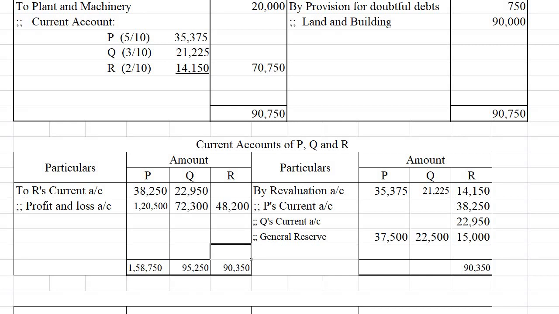Okay. So what is the difference? How much is the difference?